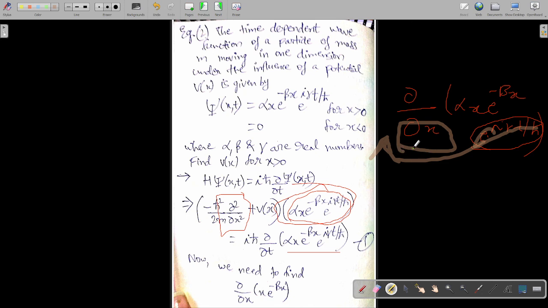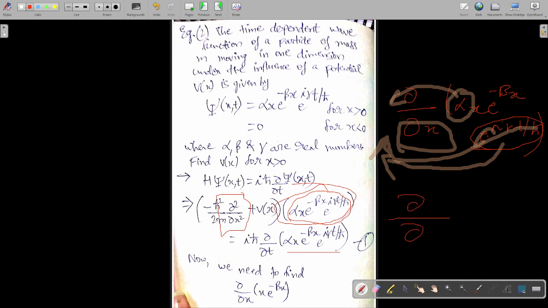So the function of time can be put out of this differential, and the alpha value can also be put out. This is very clear from here. So the only thing which will remain inside the differential is x e to the power minus beta x. Only this term will remain.